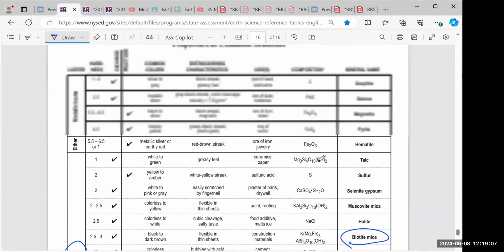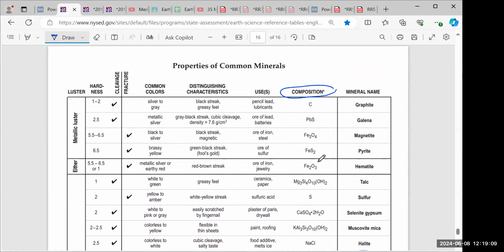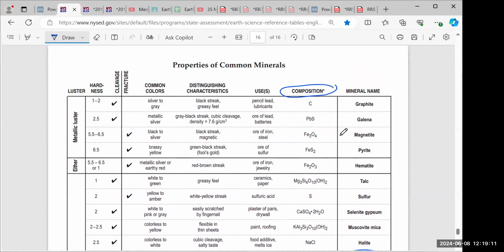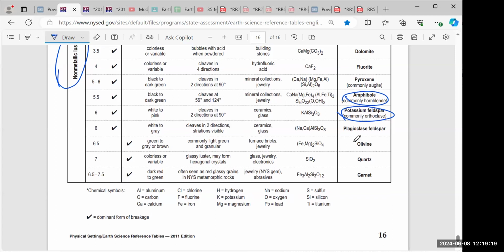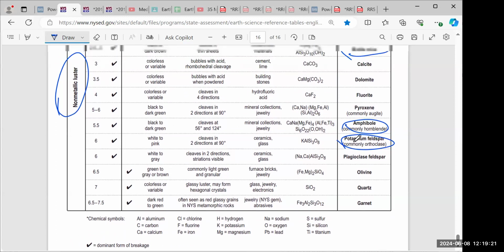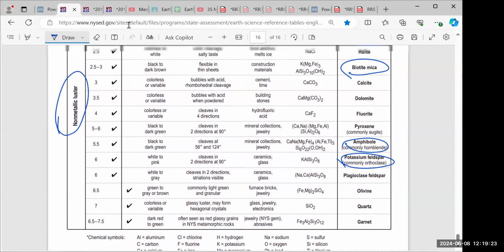Now I'm going to look in the composition section, because the composition section is going to tell me all of the elements that are in this mineral. And I have to find which elements are in all 3 of these.